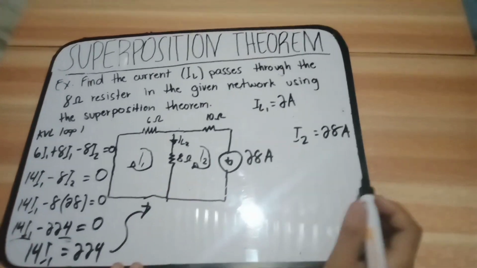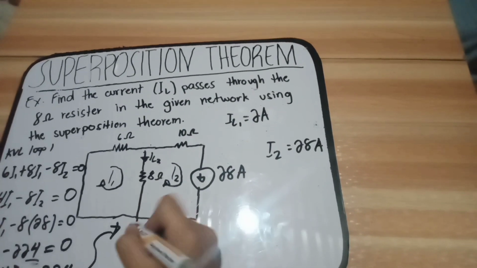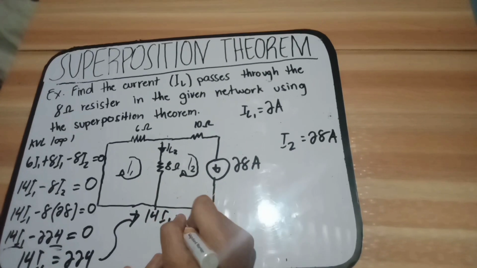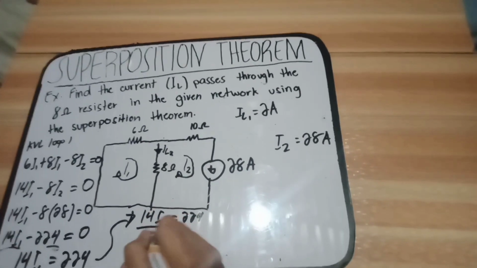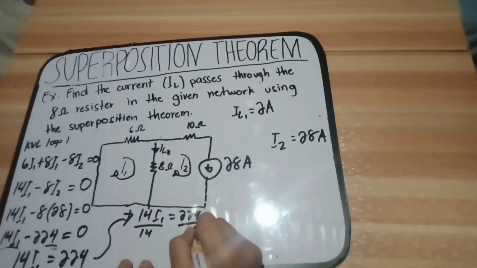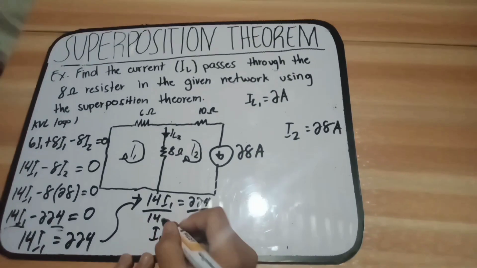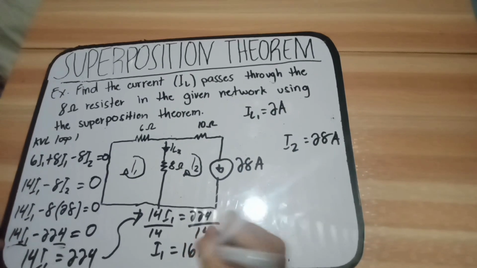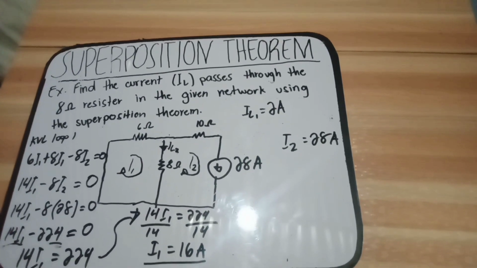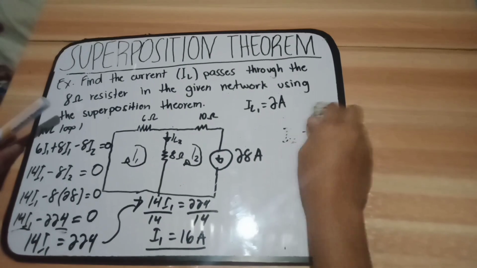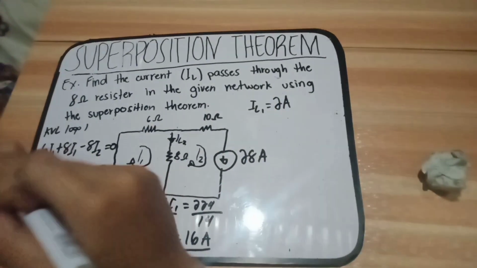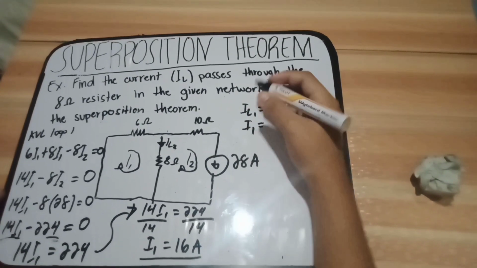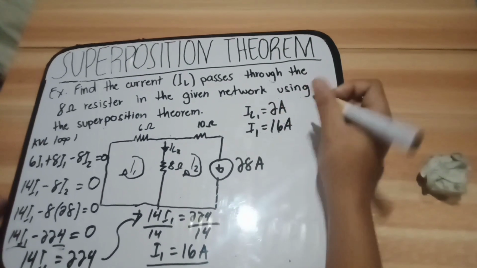So, now, i-divide natin both sides by 14. I1 is equal to 224 divided by 14, so I1 is equal to 16 ampere. So, nakuha na natin ang I1. Lalagay natin dito ang I1 is equal to 16 ampere.